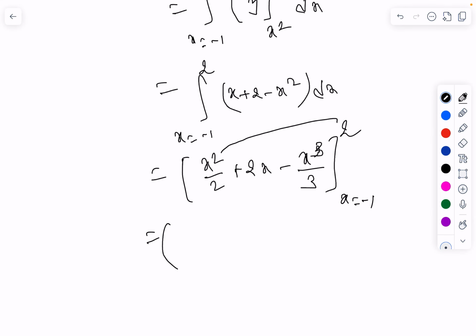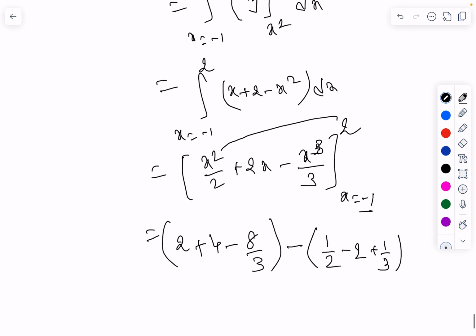So if I take 2 here, 2 square is 4, 4 by 2, so that is 2. 2 here, so plus 4, 2 cube is 8 by 3. Then minus, x is minus 1, minus 1 square is 1, so 1 by 2. X is minus 1, so that is minus 2. X is minus 1, minus 1 cube is minus 1.